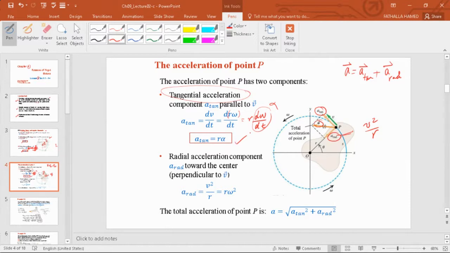So we said that s, the tangential distance, is equal to r theta, and v is equal to r omega, and a is equal to r alpha. s, v, a here are linear. Theta, omega, and alpha are angular.